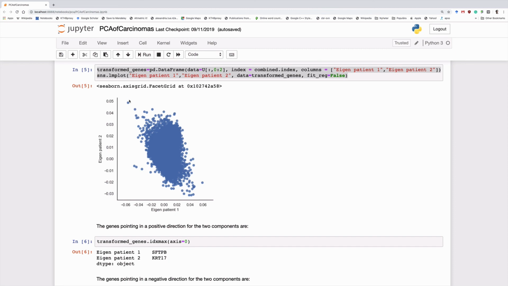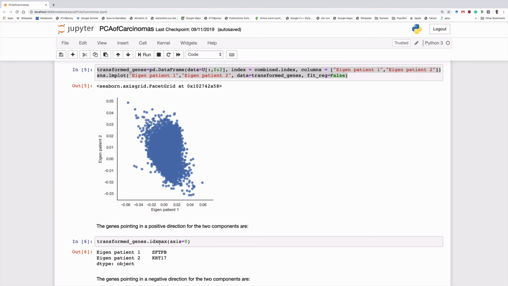Here we see the different genes plotted according to eigenpatient number 1 and eigenpatient number 2. As a matter of fact, we can see that there are a couple of genes here that seem to describe very much of the variation. So we could investigate the maximal genes and minimal genes according to this.